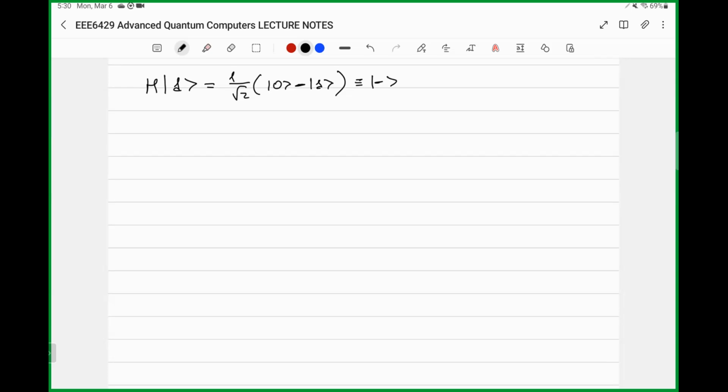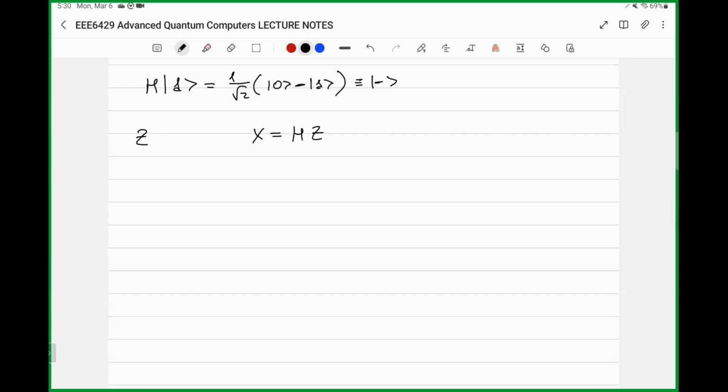As an example, we have shown that if you have the gate Z, using the Hadamard gate you can create the gate X in this way.